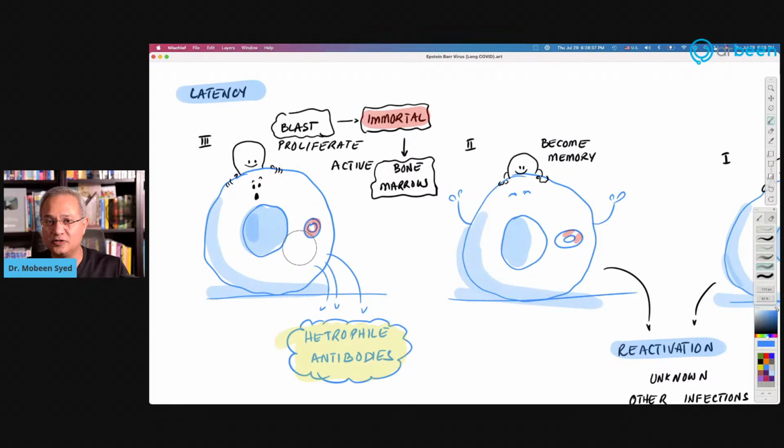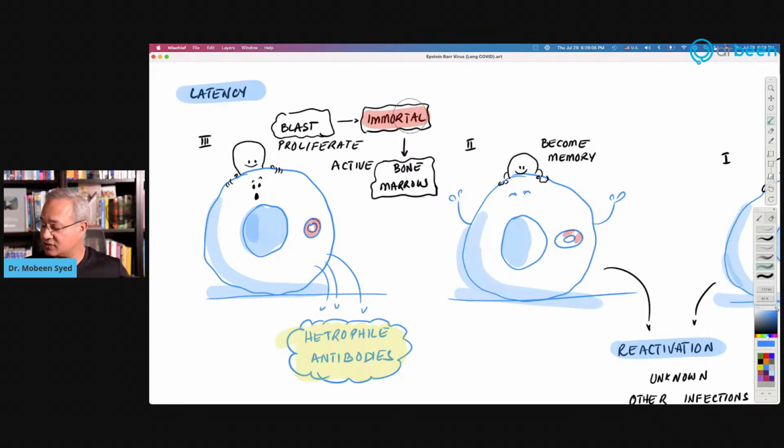And what does it do to the B cell? It whispers to the B cell and says, hey, B cell, become active, start proliferating, become a blast cell, make more copies of yourself. I need you to increase in number. And when the B cell is increasing in number, the viral DNA is getting copied as well, and that is also increasing in number.